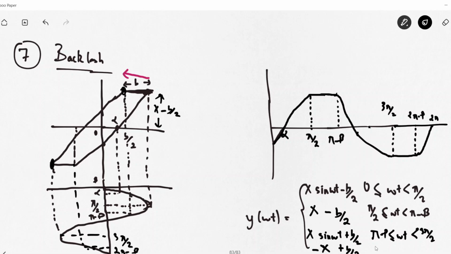This is a constant output, and it will be varying from 3 pi by 2 to 2 pi minus beta. Then it will again be a sinusoidal waveform given by x sine omega t minus b by 2 for 2 pi minus beta up to omega t equal to 2 pi. Fine. So this is our curve that we have obtained.